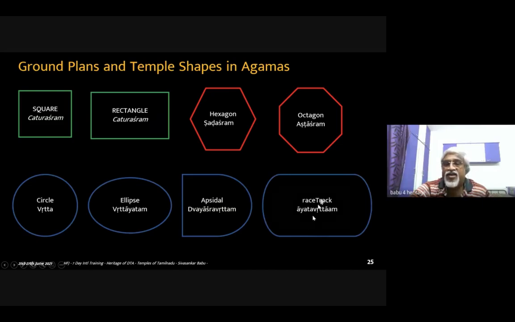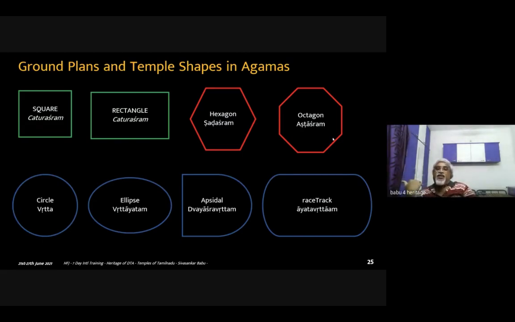The next option is the racetrack. You have a rectangle, and to that you join two half circles. This is called Ayata Vrittam. It is different from the Vritta Ayata. So the Agama texts describe multiple weird kinds of different designs.